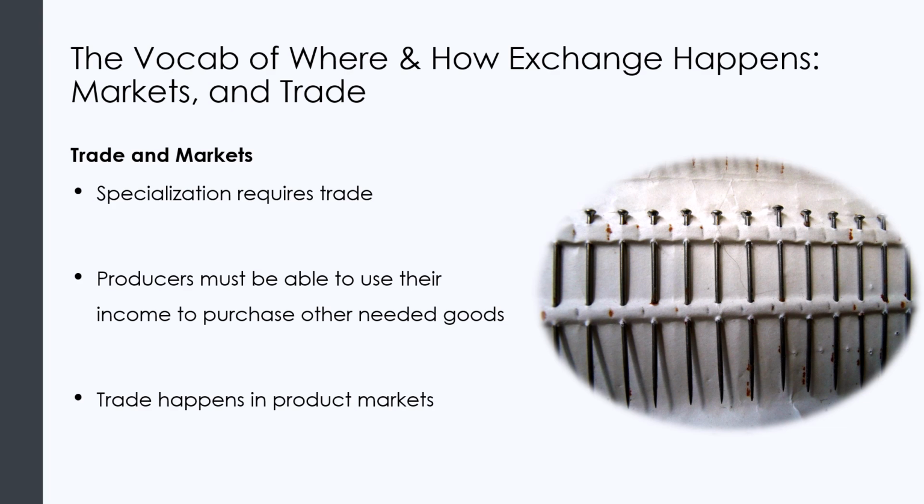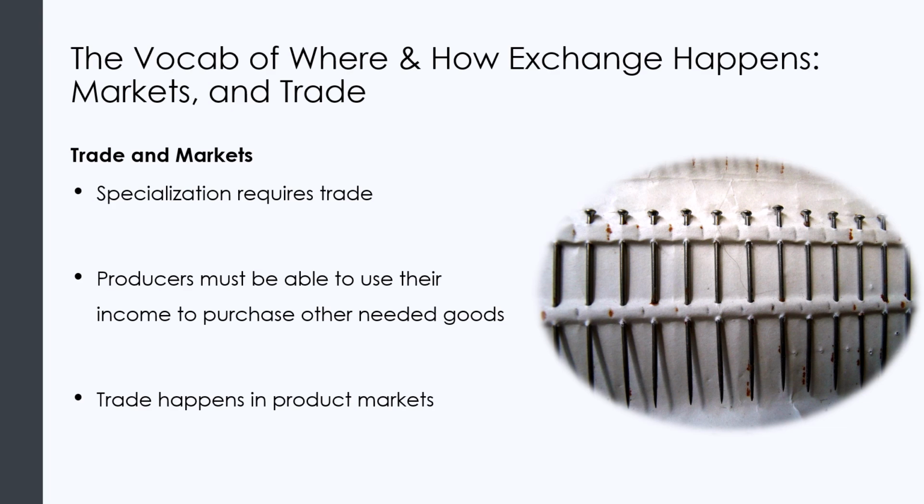So we have our pin producers as an example. Seamstresses and tailors might purchase those pins. Walmart might purchase them so that they can sell them to home sewers.